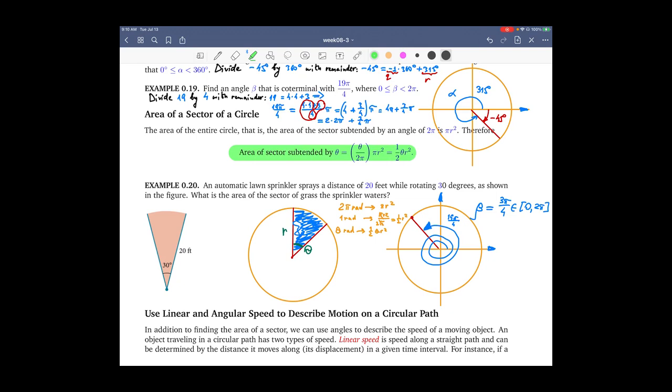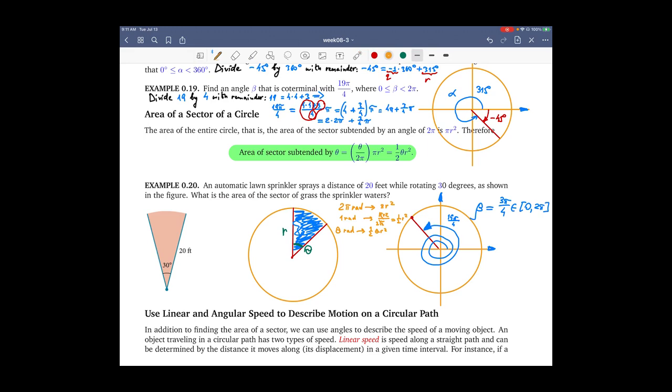Here is one simple question. An automatic lawn sprinkler sprays a distance of 20 feet while rotating 30 degrees. What is the area of the sector of grass that this sprinkler waters?